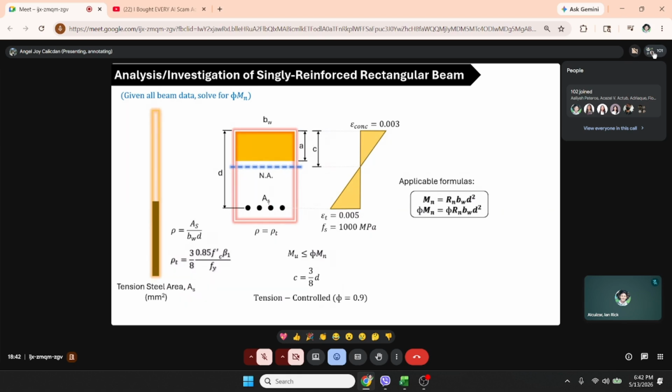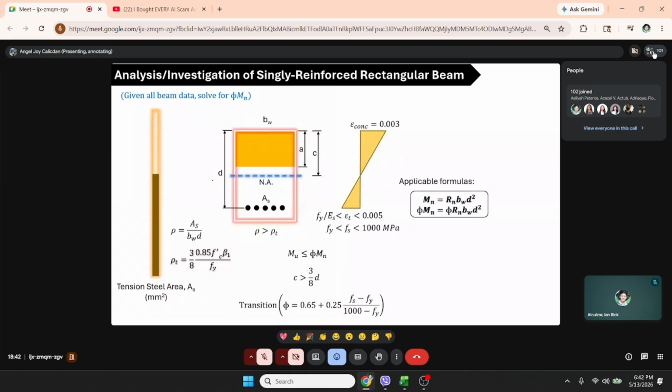Then the tension steel area is increased again. And the actual rho is now equal to the tension controlled rho. It increases again, so that's five bars. And rho is greater than the tension controlled rho. So in this case, it is now in the transition zone. It is greater than the tension controlled rho but less than the compression controlled.